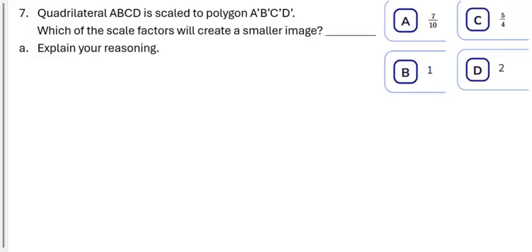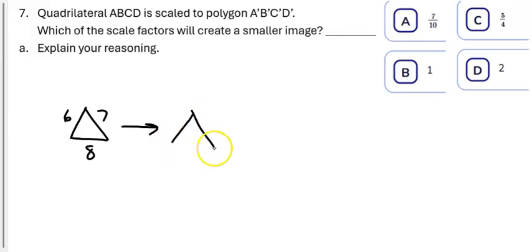All right, so problem 7, quadrilateral ABCD is scaled to polygon A prime, B prime, C prime, D prime. Which of the scale factors will create a smaller image? Explain your reasoning. So, when doing shapes that are the same, let's say I have a 6, 7, and 8, if I want the shape to be the same shape, that means the scale factor is going to be 1.